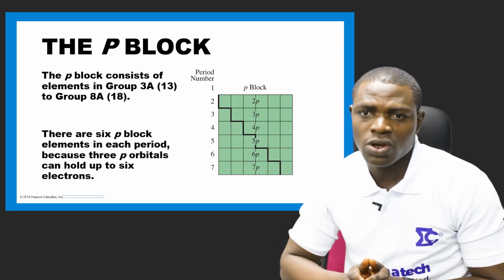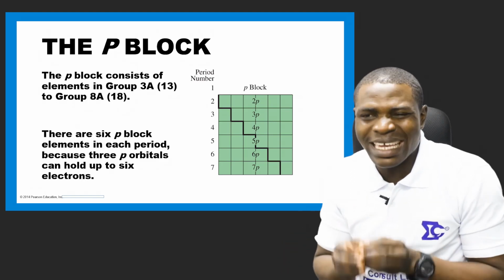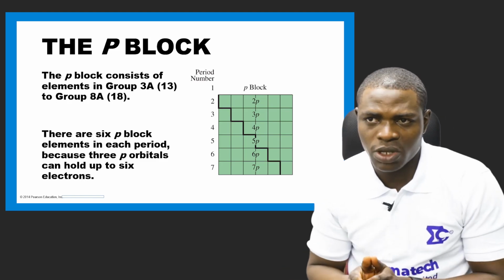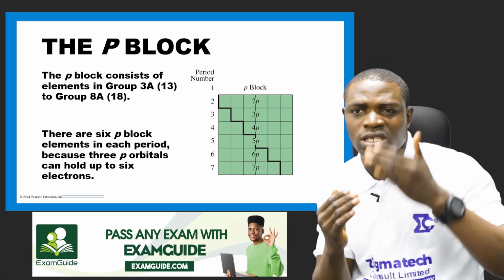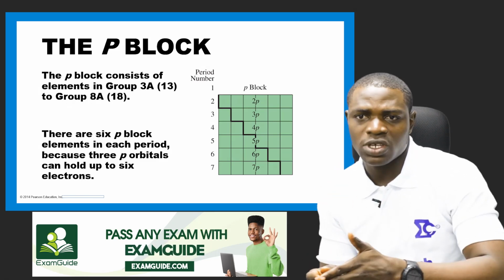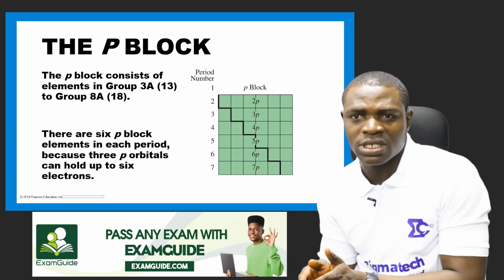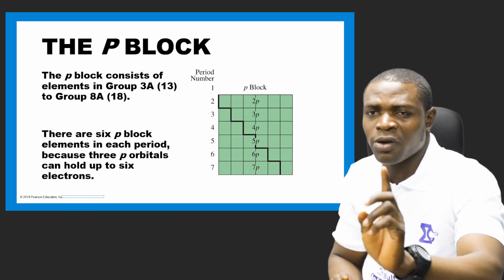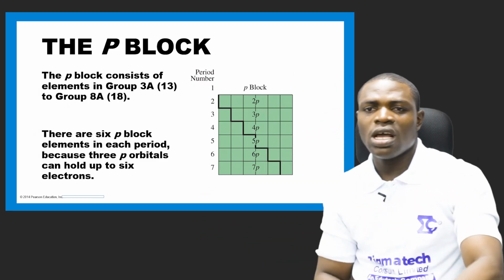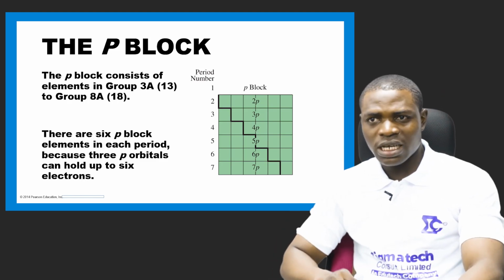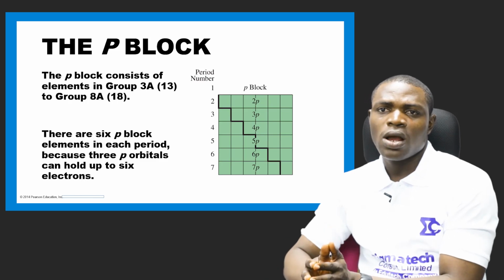As you begin to go from the first element to the second, the third, the fourth, the fifth, you are going to see that once the S orbital is completely filled with the maximum of 2 electrons, what you need to do is move the next electron into the P block. I'm going to show you how this is done.